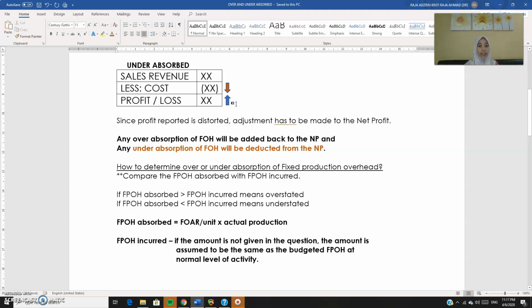When your profit is higher, you need to adjust. The profit reported under absorption costing is higher, so that's why you need to do adjustments. Any under absorption of fixed production overhead needs to be deducted from your net profit. Under absorption of fixed production overhead will result in a higher reported profit, so it has been distorted and you need to adjust. What adjustment do you need to make? For under absorption, you need to deduct it from your net profit.